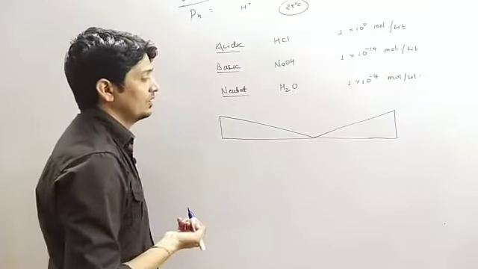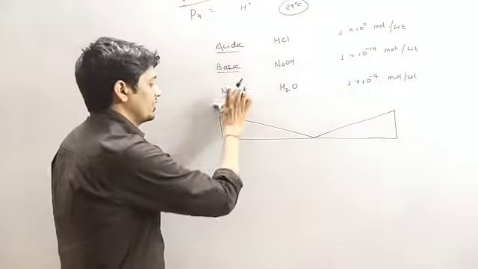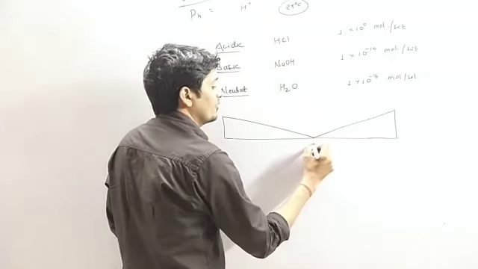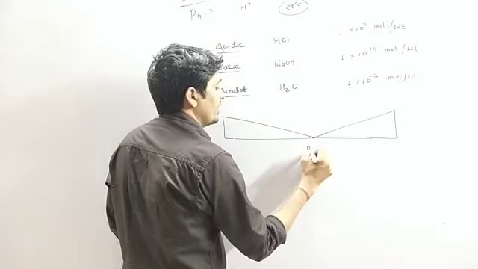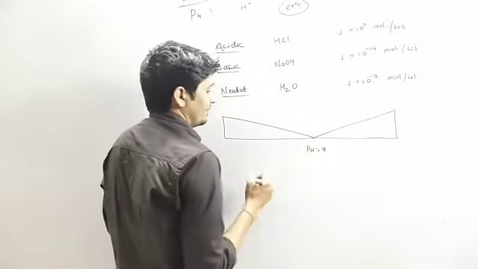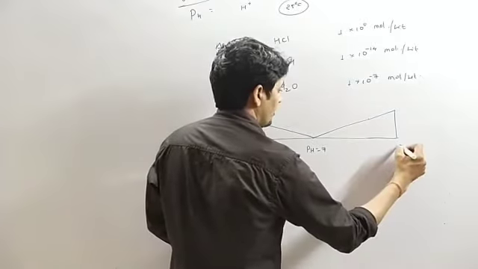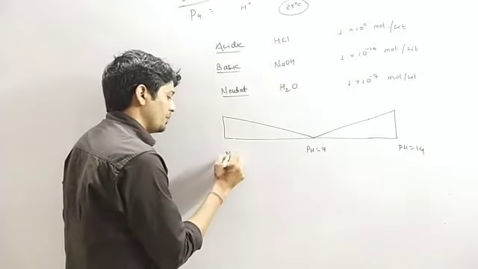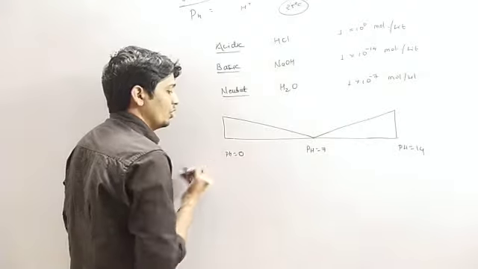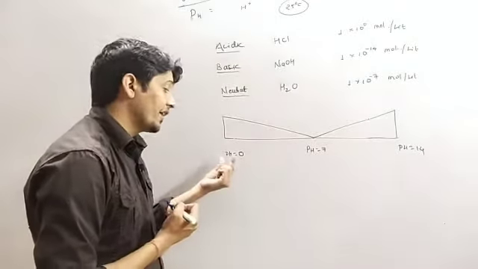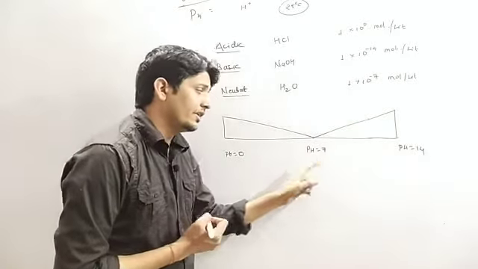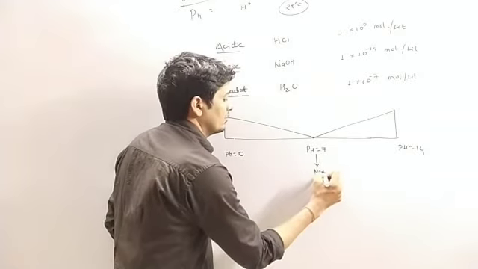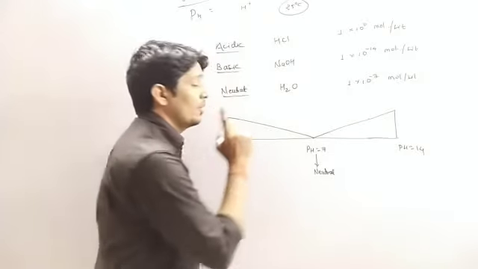This is the common type of pH scale. Here we have pH equals 7, here pH equals 14, and here pH equals 0. The pH value 7 is for neutral, like pure water.